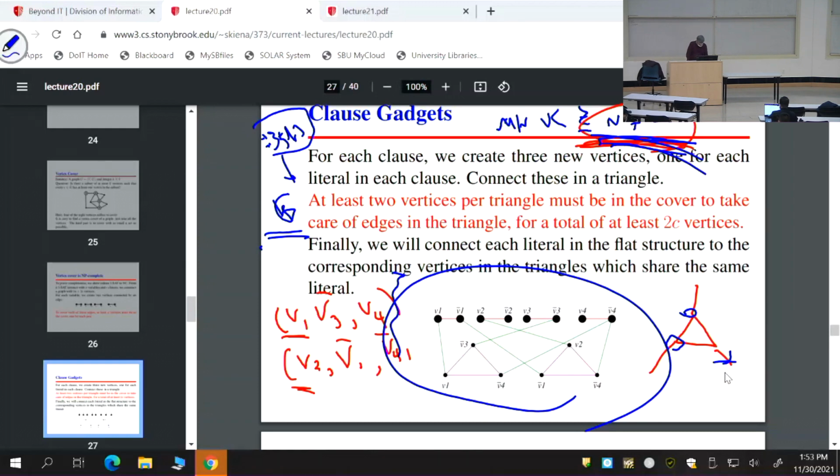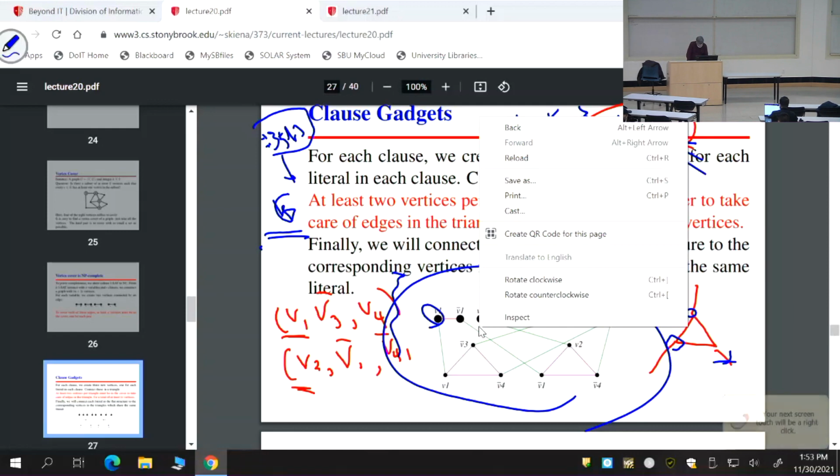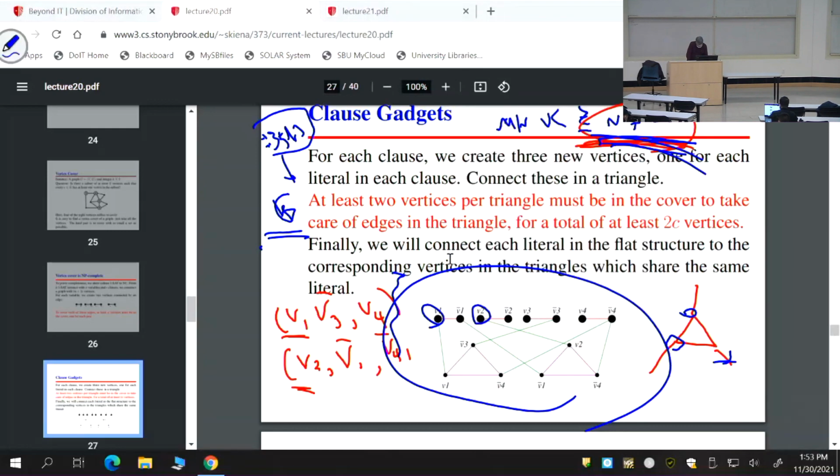And it came back and said, ka-chunk, ka-chunk. It would say, yes, you do have a vertex cover here. Yes, it is of size n plus 2c.